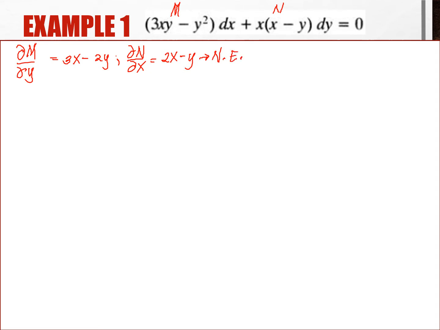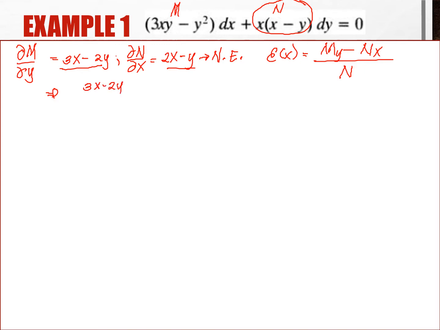So we need to find epsilon(x), which is equal to M sub y, this one here, minus N sub x, this one here, all over N. So your equation becomes (3x minus 2y minus 2x plus y) all over x(x minus y).